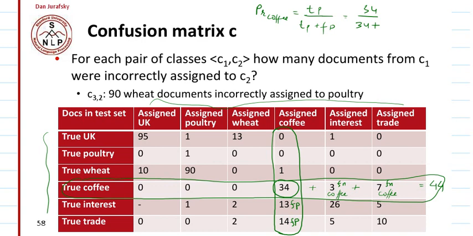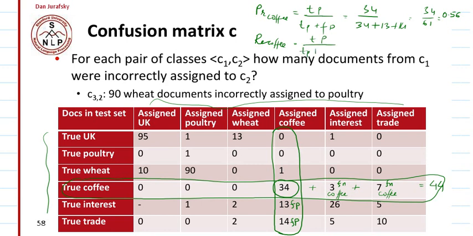So 34 plus 13 plus 14 is 61. So that is 34 by 61, which is around 56%, so 0.56.